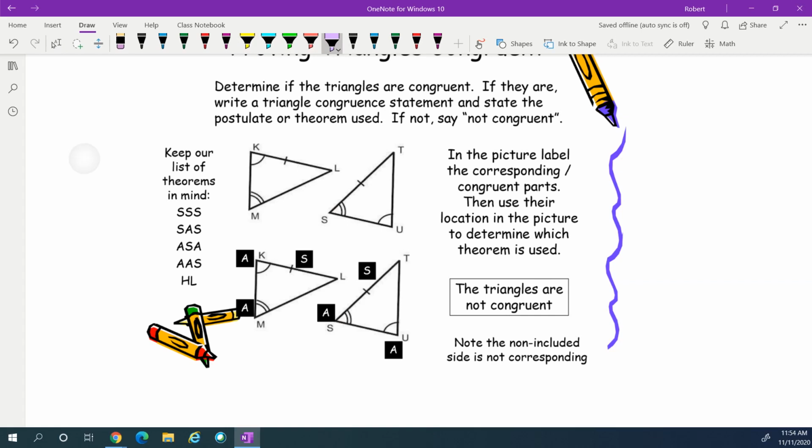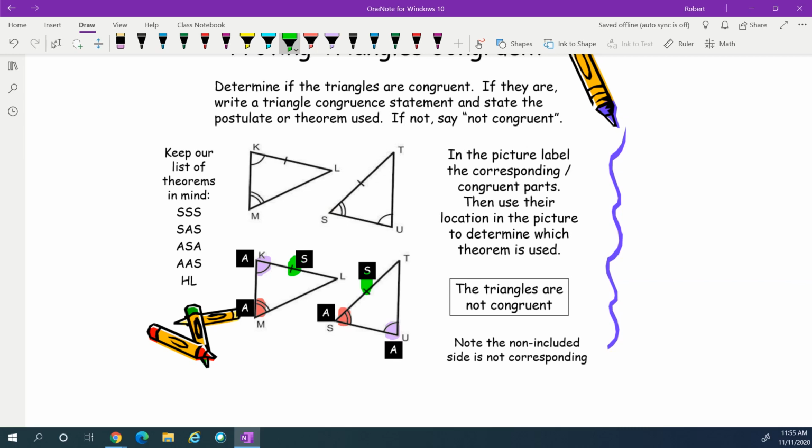Again, I have an angle marked 1 and an angle marked 1. I have an angle marked 2 and an angle marked 2. And I have a side marked 1 and a side marked 1.